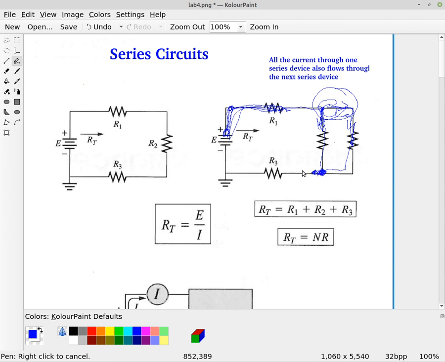This same current now flows through R3 and up into the battery. So R3 is in series with the battery, and R1 is in series with the battery. These three devices are in series, but these other two are not in series.